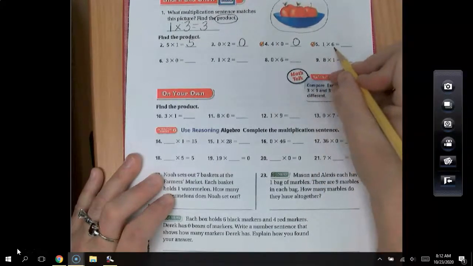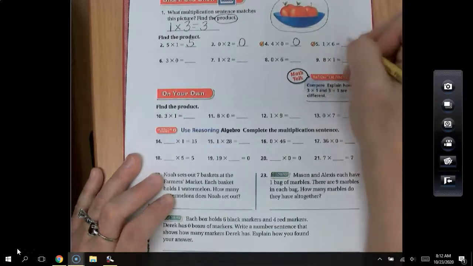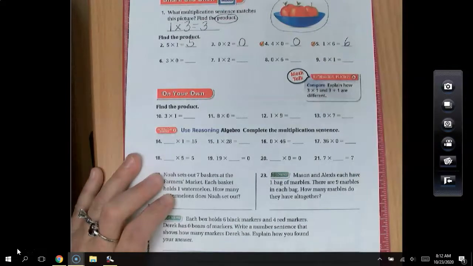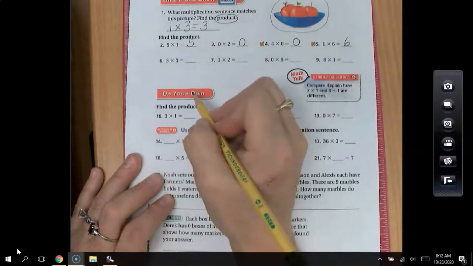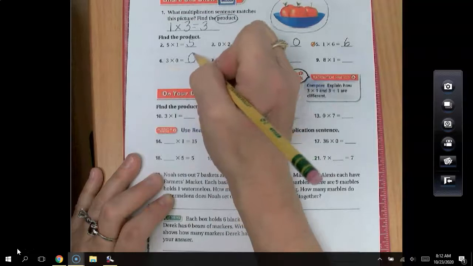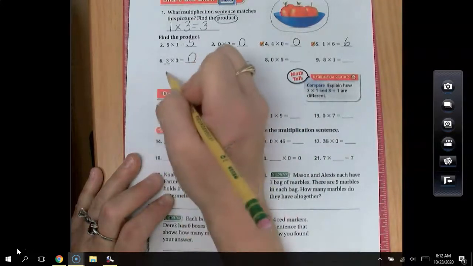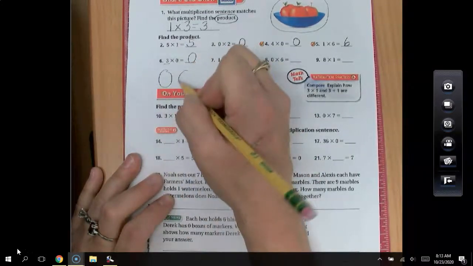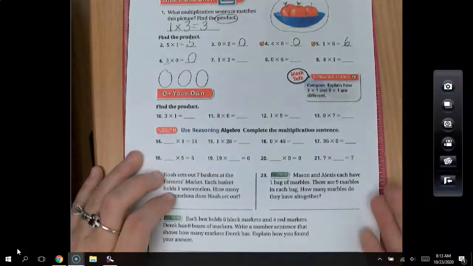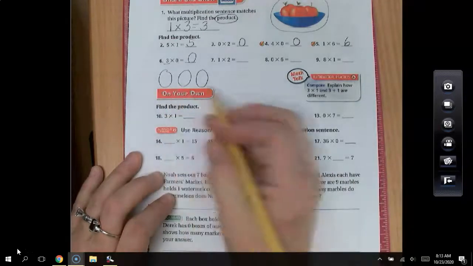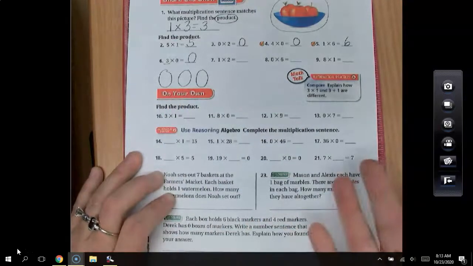1 times 6 is 6. 3 times 0 is 0. Boys and girls, all that's saying is I have 3 groups and I have nothing in each group. Well, if I don't have anything in each group, I have 0.